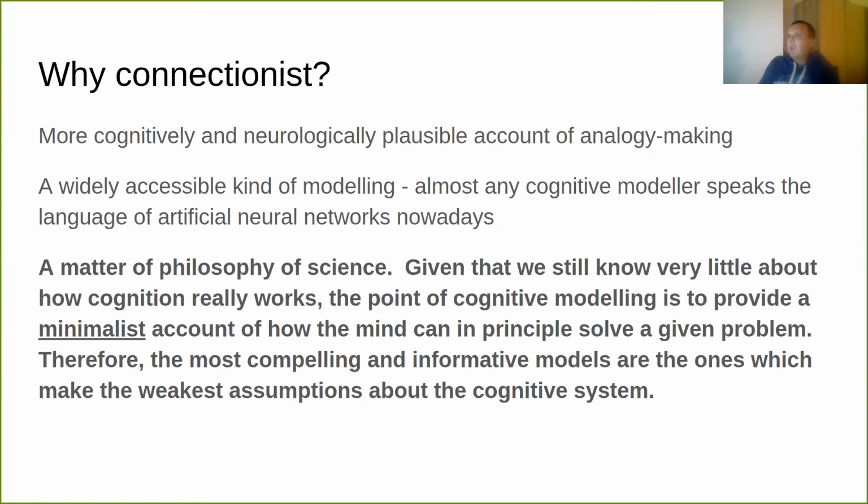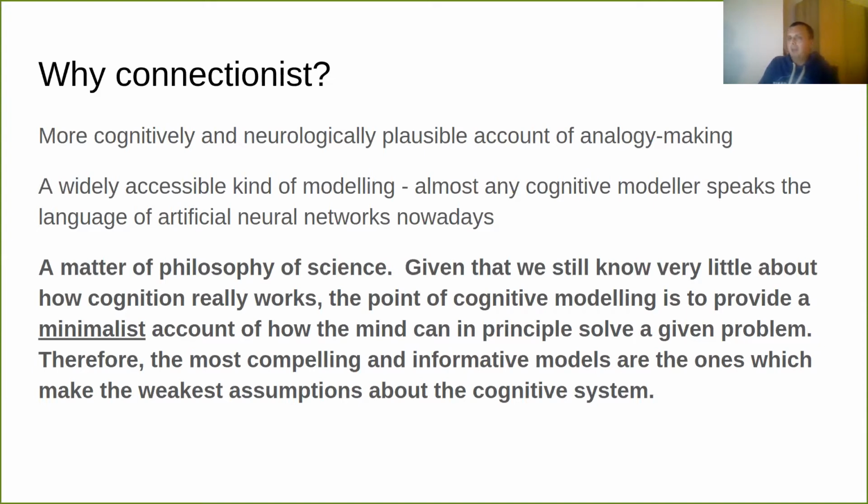But there are not so many principles of connectionism. So if you manage to describe a cognitive process in connectionist terms, that will be a very concise description, a very minimalist description.